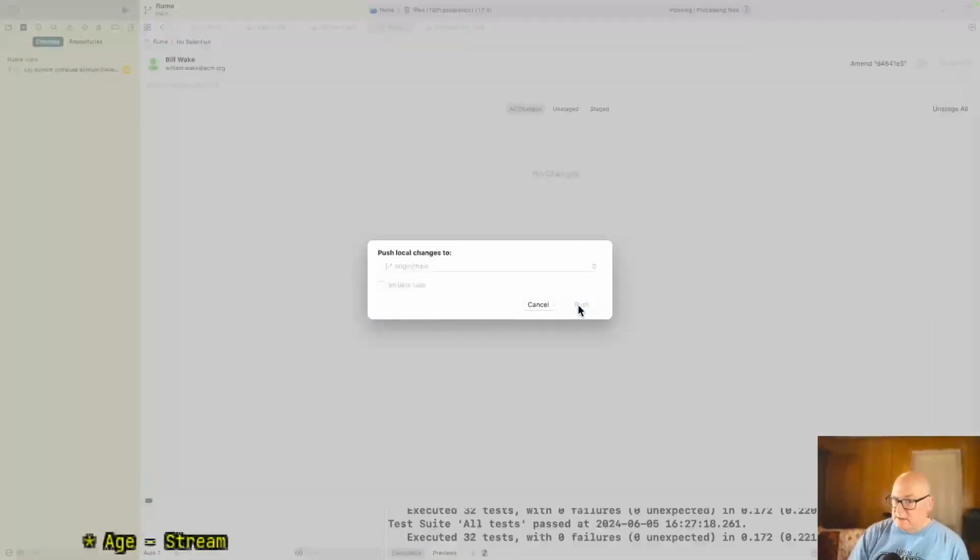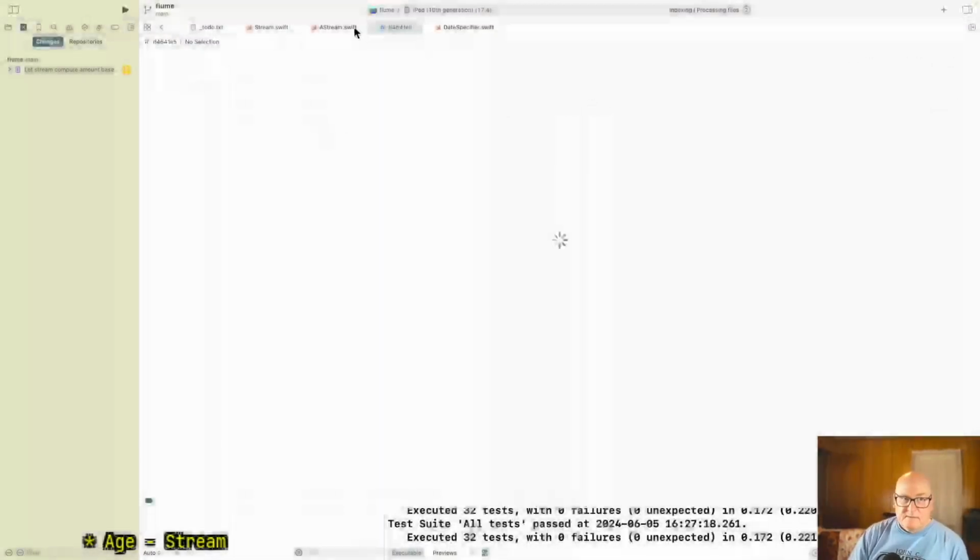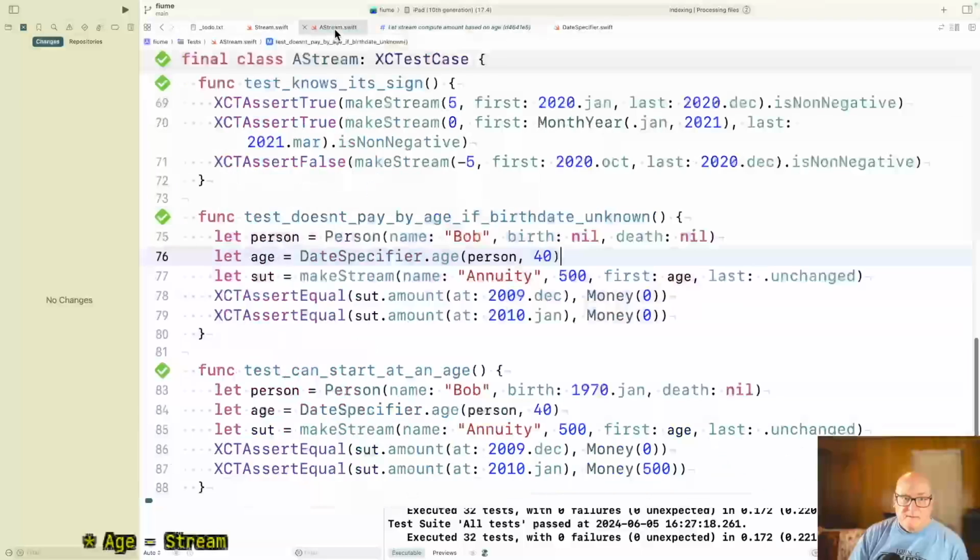On the first, in this test, that could probably be birth date. Well, yeah, I mean, I haven't gotten rid of birth date, but it's not something that changes.